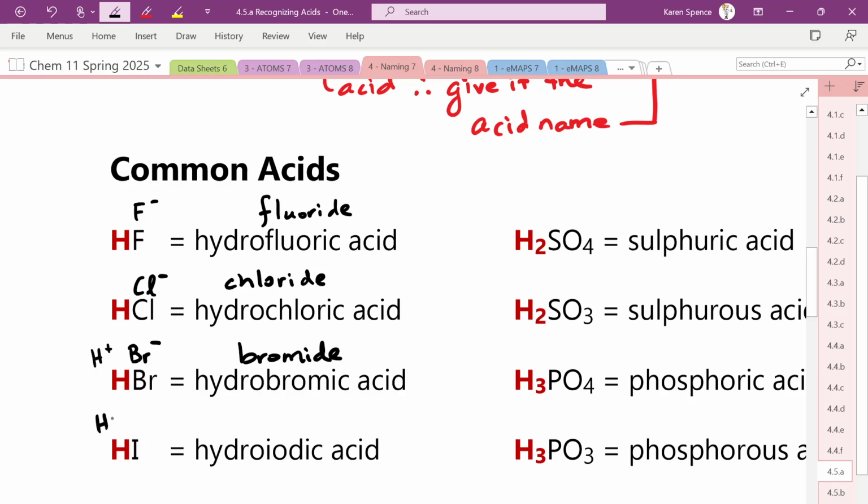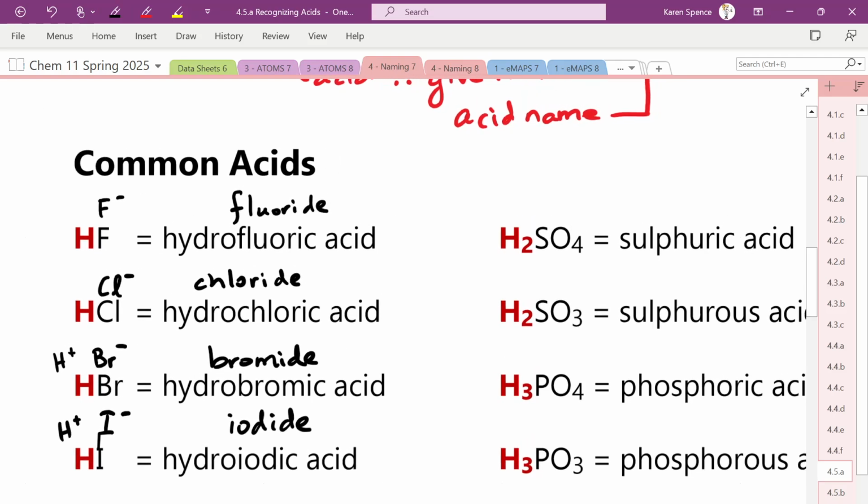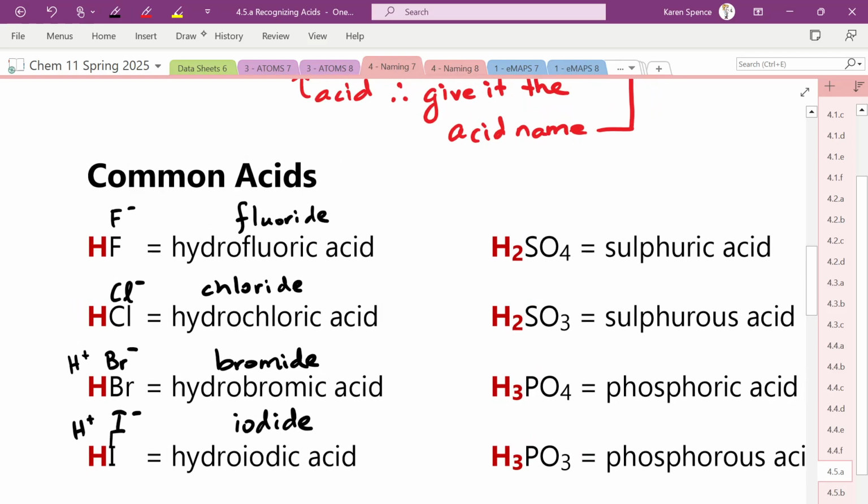And we have H plus with I minus, which is iodide. How does the name of the ion relate to the name of the acid? What do we have to add and what do we have to replace?